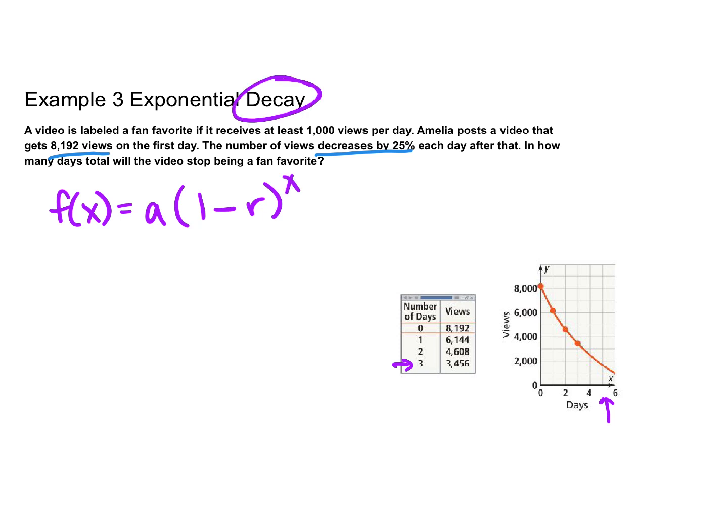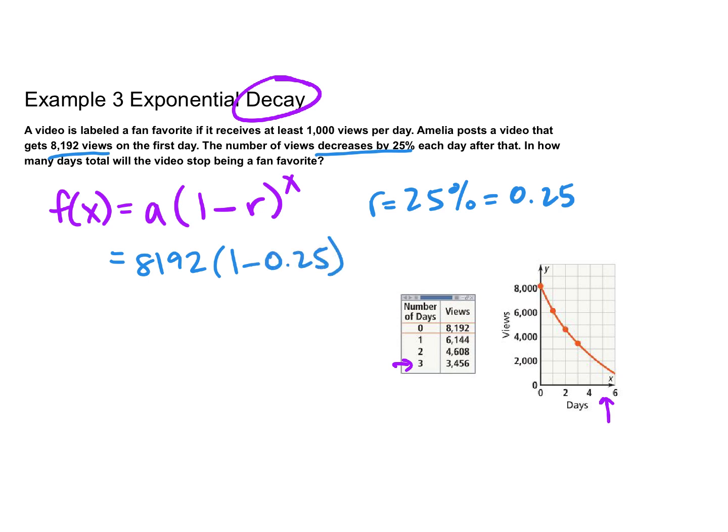It's going down each time. 25% as a rate ends up being 0.25. So if we have our starting value here, and we have 1 minus the rate of 0.25 to the x, we can use this to summarize the situation.